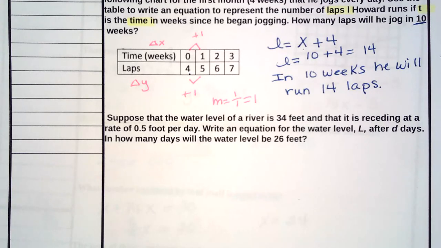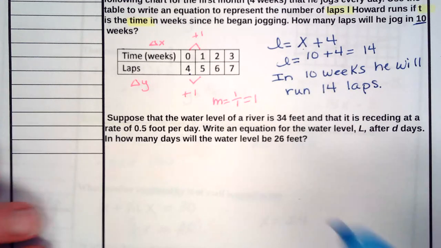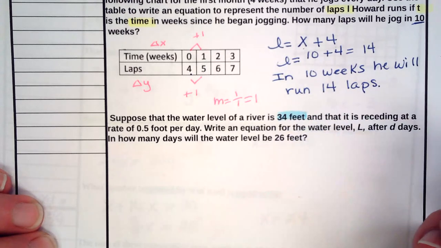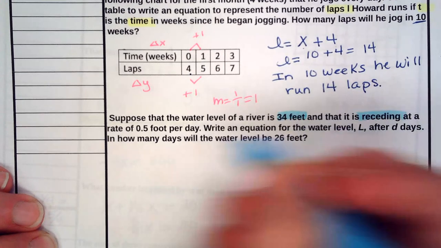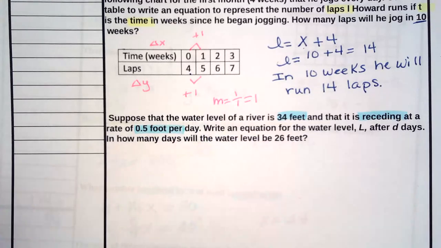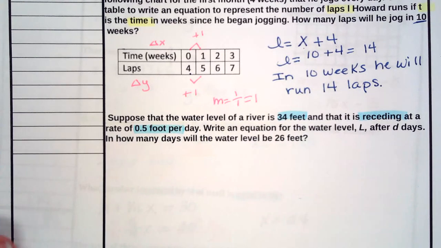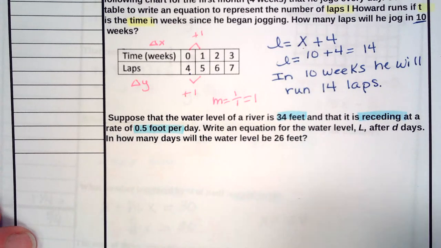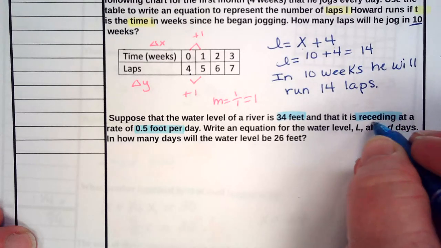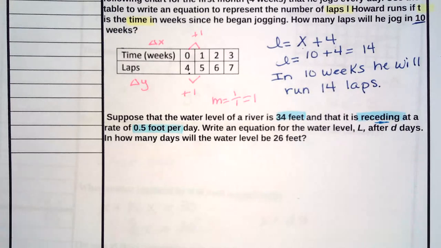In how many days will the water level be at 26 feet? Okay, the water level of the river is 34 feet and it is receding at a half a foot per day. Receding means what? Receding means we're going to subtract.